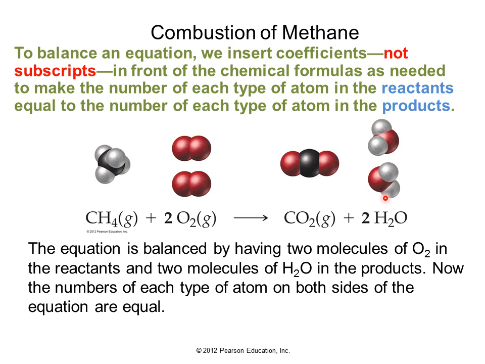And this 2 means 2 water molecules, pictured here. And so this is a balanced equation. If you note, you'll see the 4 hydrogens here, 4 there. 4 oxygens, 4 in the products. 1 carbon, 1 carbon. So this equation is balanced by adding the coefficients in front of the chemical.